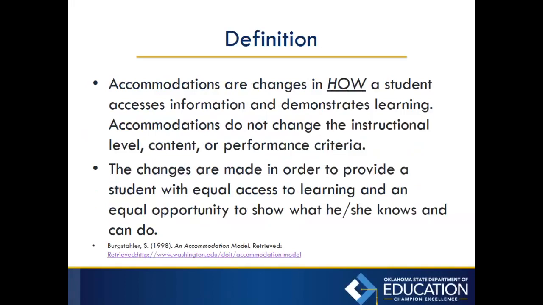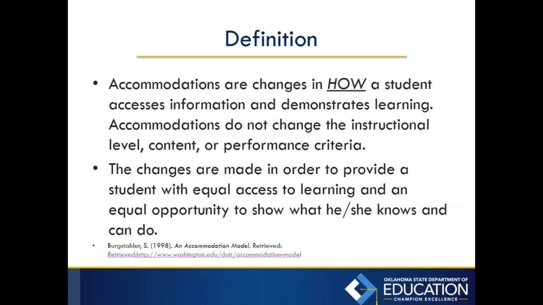I use this example a lot. I see accommodations as eyeglasses. Some of us have to wear them, some do not. For those who have to wear them, we don't change what we read if we're reading a newspaper. We don't get special newspapers. We don't get newspapers that are cut in half. We all get the same newspaper. But for me to read it successfully, I need my eyeglasses or I can't read it.